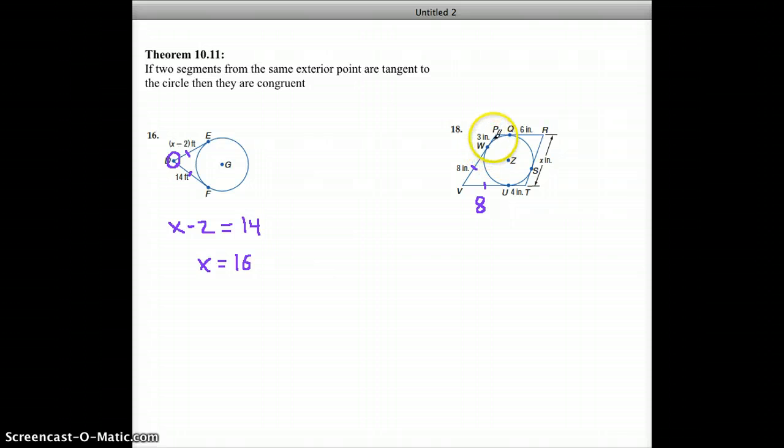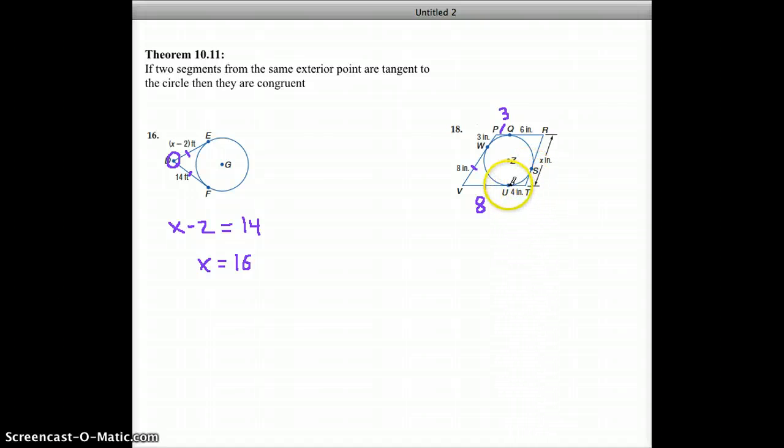Up here I see this PW and PQ are both tangent, and since they share this exterior point P, then this little segment here should be 3. Good. And if we keep going around, I can see that this little piece here, UT and TS, should be congruent because they're also tangent.